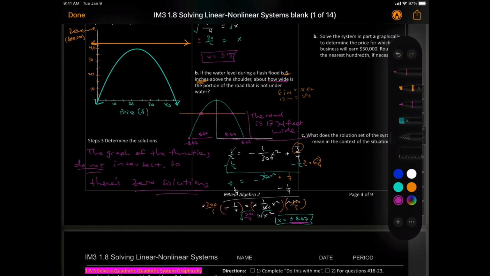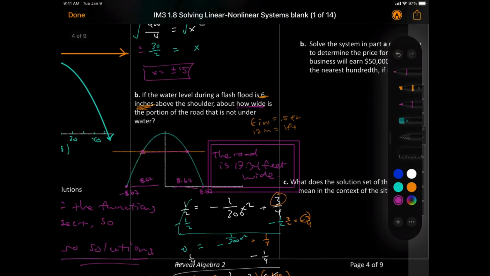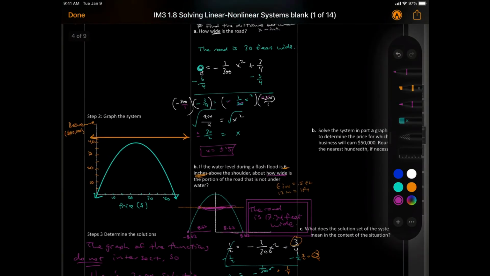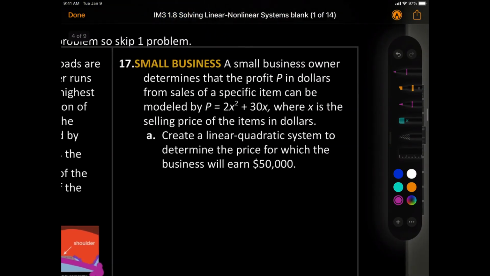And this is when the water has risen, if that makes sense. It was this distance here. Okay, let's go ahead and try question number 17.